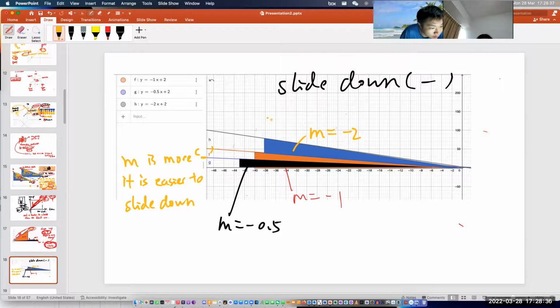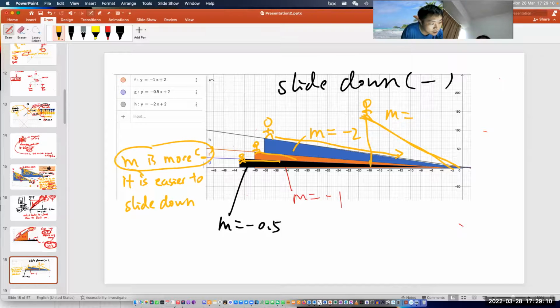So imagine someone is here. If this is a more steep slope, or more steep slide, this person can slide down faster than this person, and this person, because this is almost a flat surface, this person doesn't even slide at all. So imagine you have this slide down, the person is here, this is even more negative because it slides down even faster, right? So if your m is more negative, it's easier to slide down.